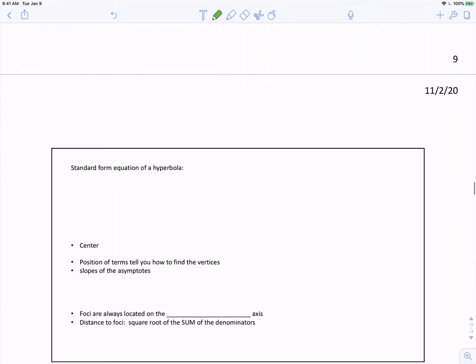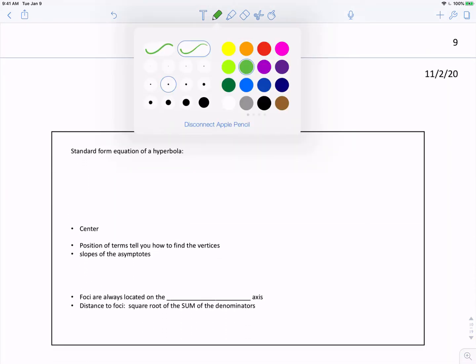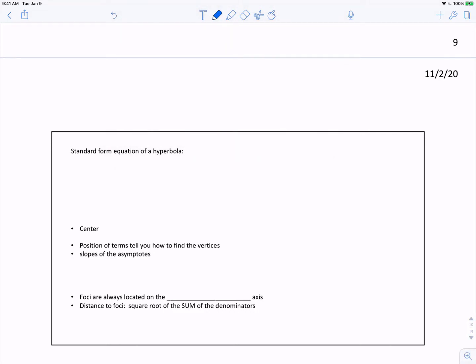All right. So the standard form for the equation of a hyperbola will look very similar to that of an ellipse. X minus h squared over a squared minus y minus k squared over b squared is equal to 1. Or, now remember, subtraction is not commutative.